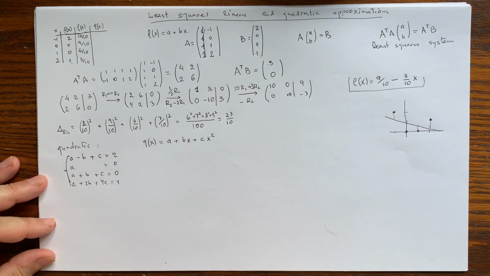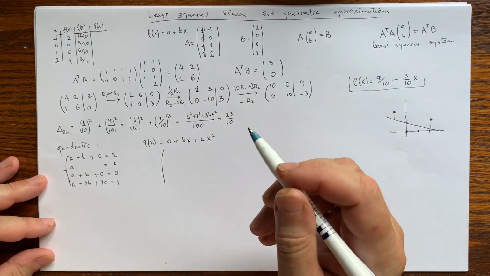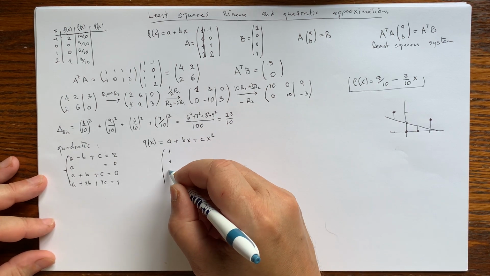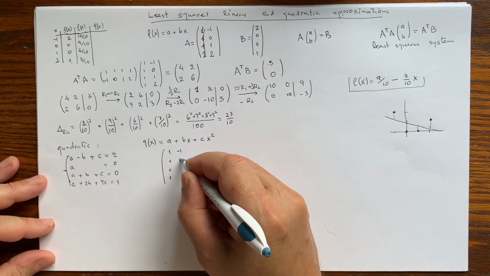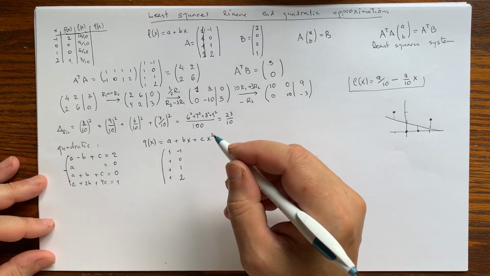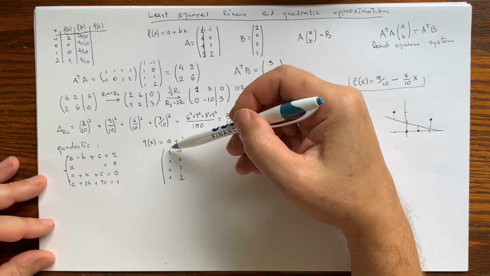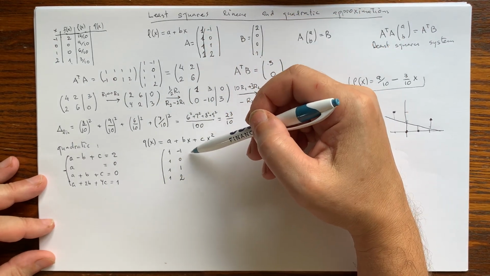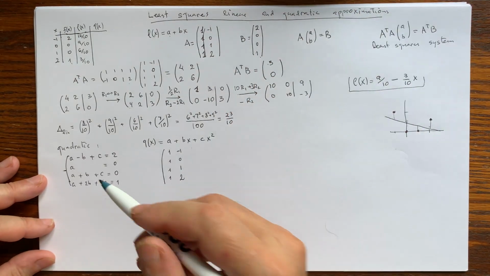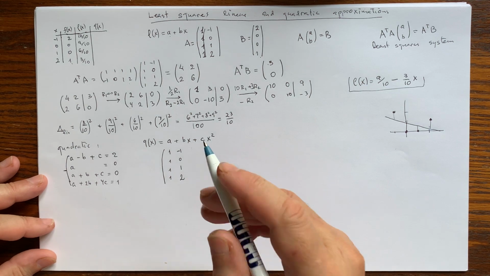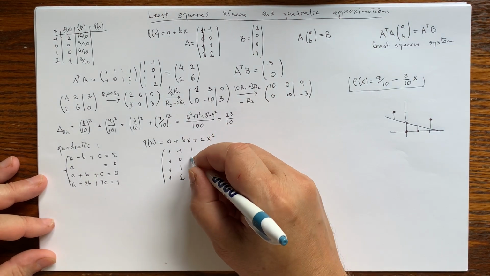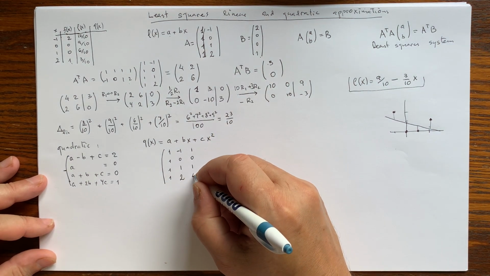So that is the system, and again the matrix of the bulk of it is an easy one, which starts as the linear problem system, and we have a column of all ones, a column of all x's, and then a column of all x squares. These are the coefficients for the new unknown c. So we'll have 1, 0, 1 again, and then 4.